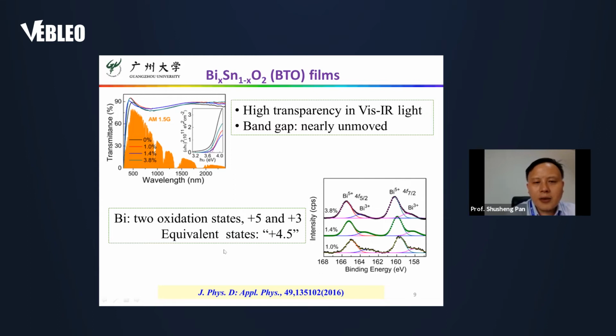From the XPS results, the bismuth has two oxidation states, +5 and +3, and the +5 bismuth is dominant in the BTO films.